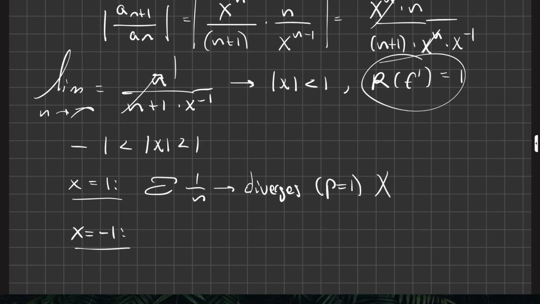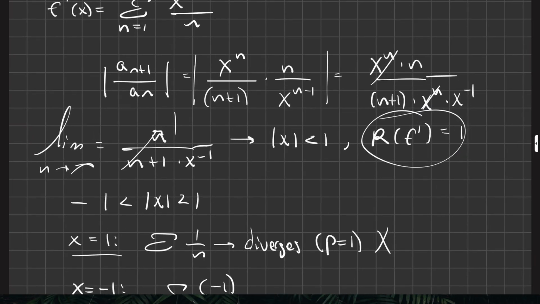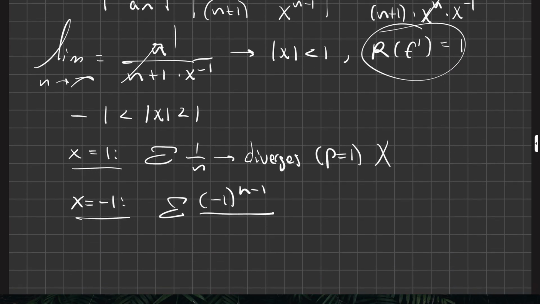Check x equals -1. And this would give us the series -1 to the n minus 1 over n. Okay, now this actually converges. This is a harmonic, but it's an alternating series. In the form of a harmonic, we call this an alternating harmonic.